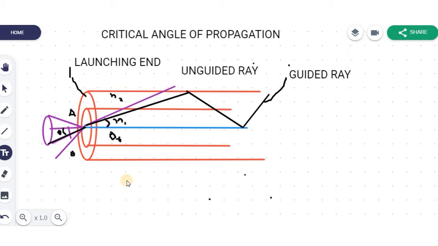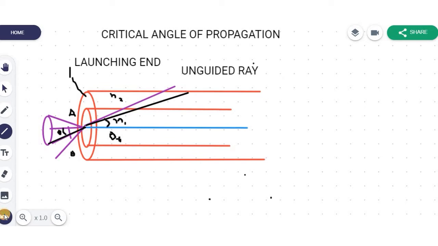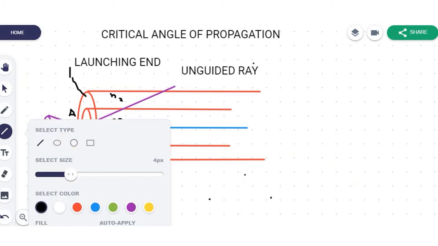And the ray which is undergoing total internal reflection makes an angle at the core cladding interface. What I've drawn here, a small mistake occurred.